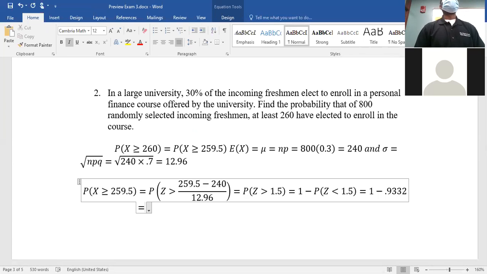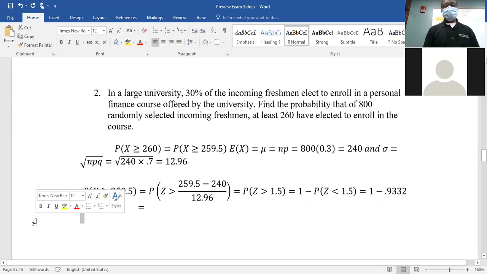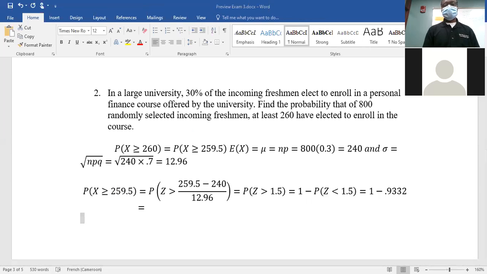So what do you get? Using your calculator, do 1 minus 0.9332.